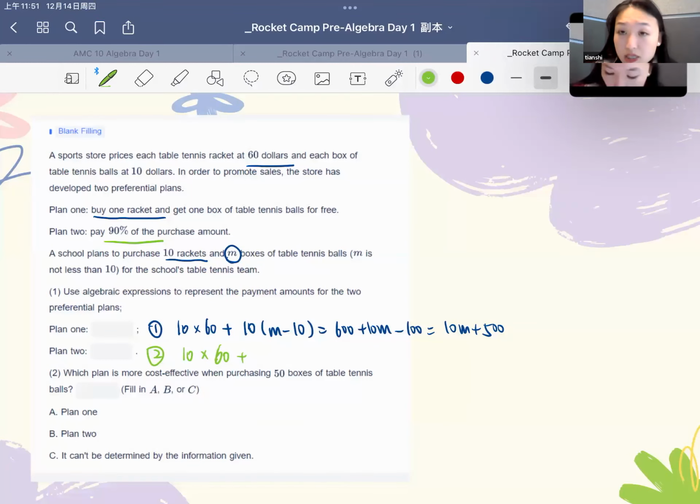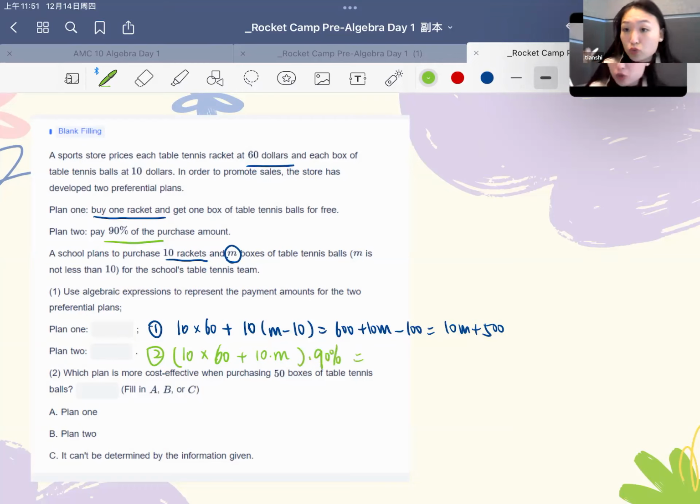And then what is the price for the table tennis? It's $10, and we have to buy M of them. So the total price is 600 plus 10M, and we just need to pay 90% of it.